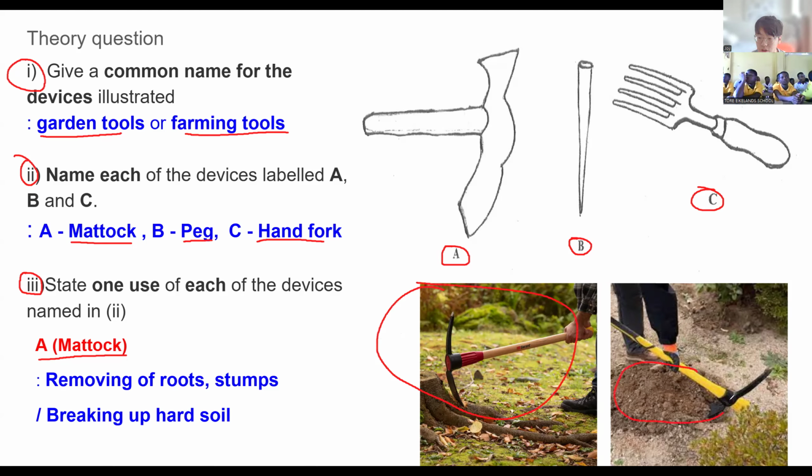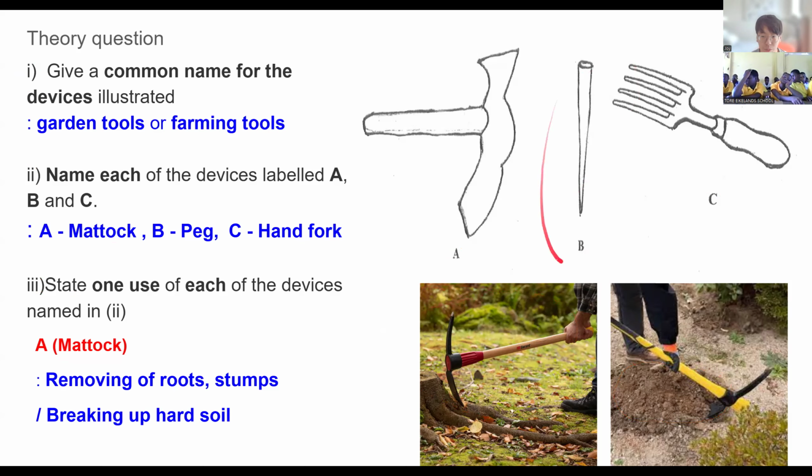And then this person is trying to break up the hard soil. So you can see that this is used more for a tough job, more strength-requiring, breaking up stuff.